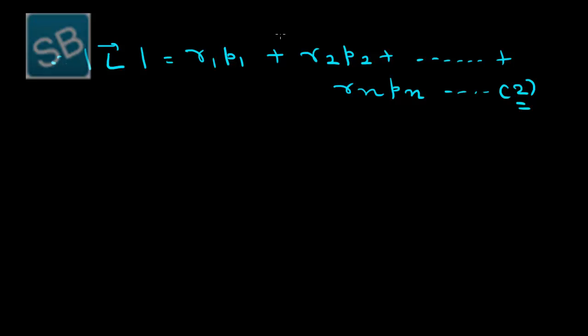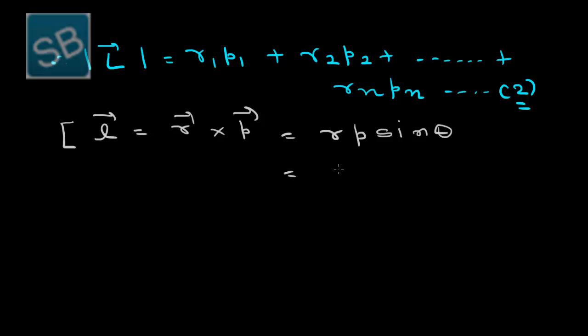Here these quantities are coming from the actual relation L equals R cross P, so you can write this as RP sin theta. But here we have assumed that the value of theta is 90, so RP sin 90 equals RP, because sin 90 is equal to 1. And for L1 I have used the subscript R1 P1.